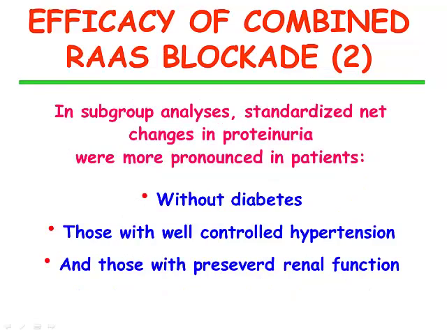And in a subgroup analysis, they also found that the combined treatment gave a reduction of proteinuria which was more pronounced in patients without diabetes, in those with well-controlled hypertension, and again the importance of having as a first step a good control of hypertension, and in patients with preserved renal function.